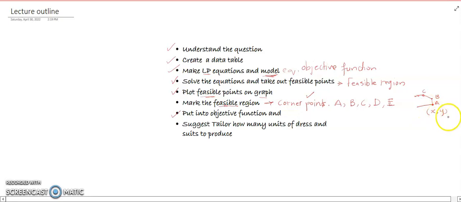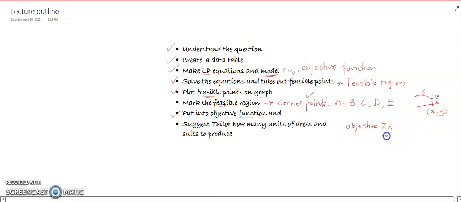With both x and y, we will put these two values into the objective function so that we can get the different objective function values. For suppose it's corner point A, the objective function, which is represented by ZA, we will put the values of XA, YA.